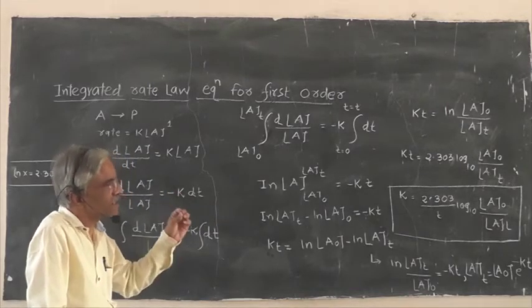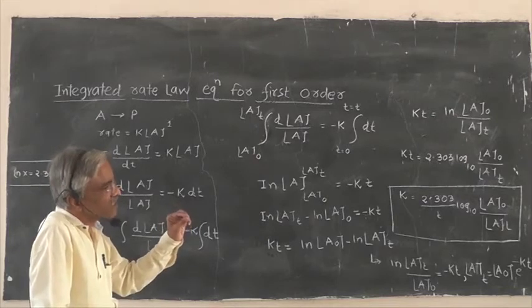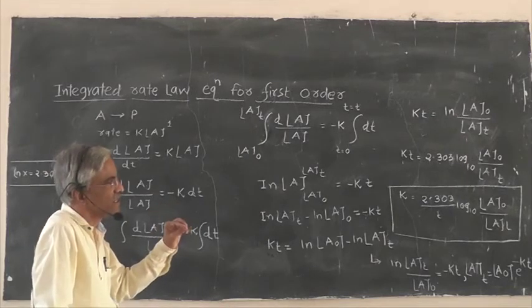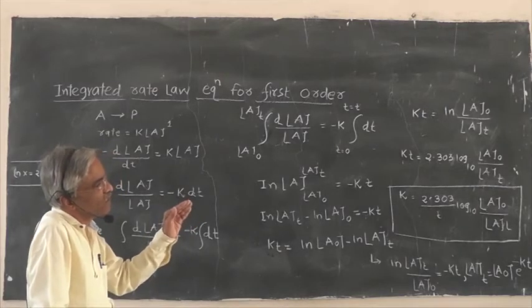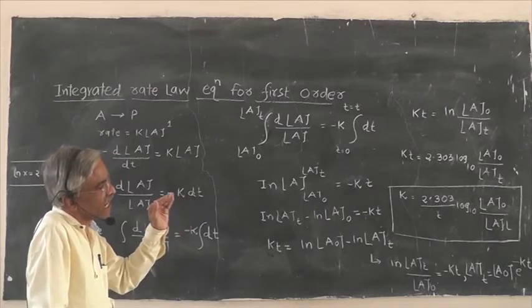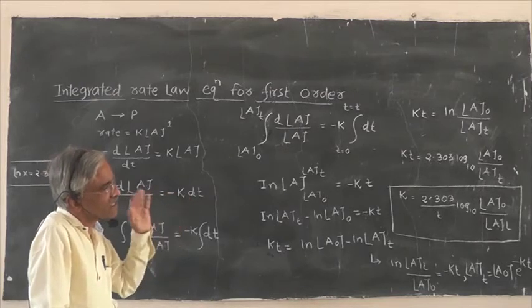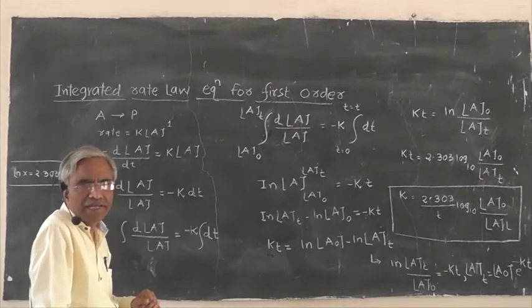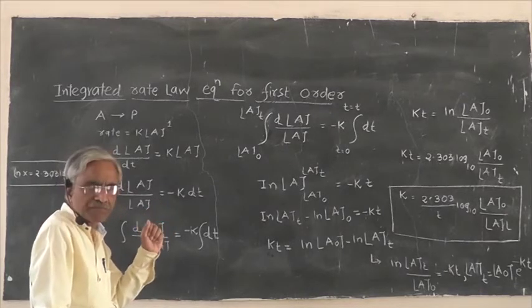But for mathematical calculation of proving that the reaction is a first order reaction, we generally take the simple form k equal to 2.303 upon t log to the base 10 [A]0 upon [A]t for calculation of the rate constant k.